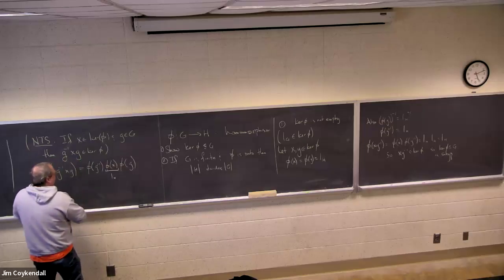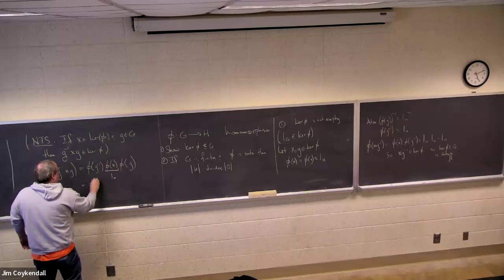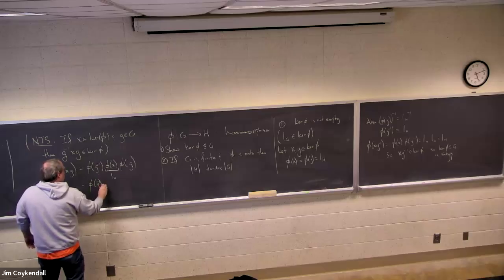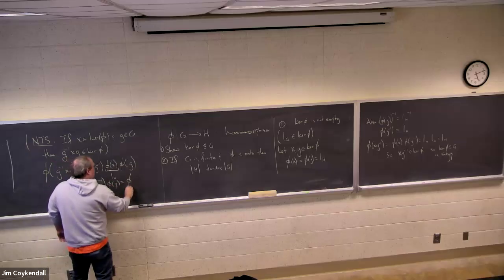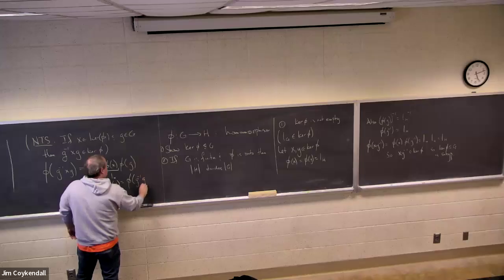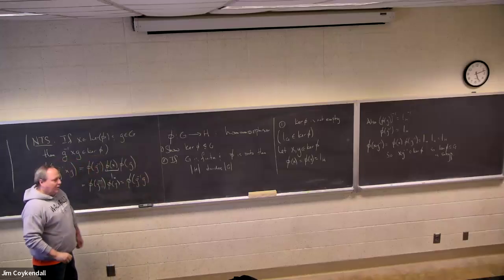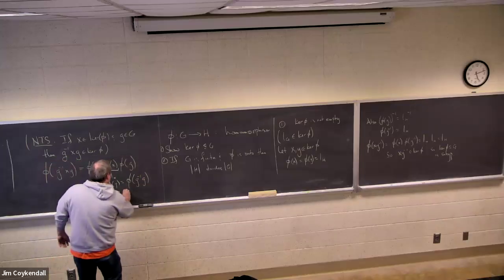So this collapses to phi of g inverse times phi of g, once again using the homomorphism property.